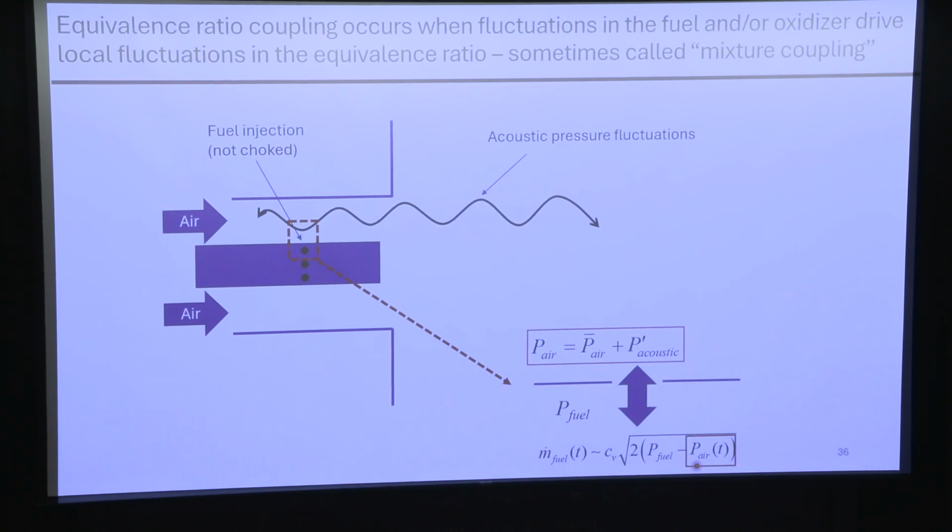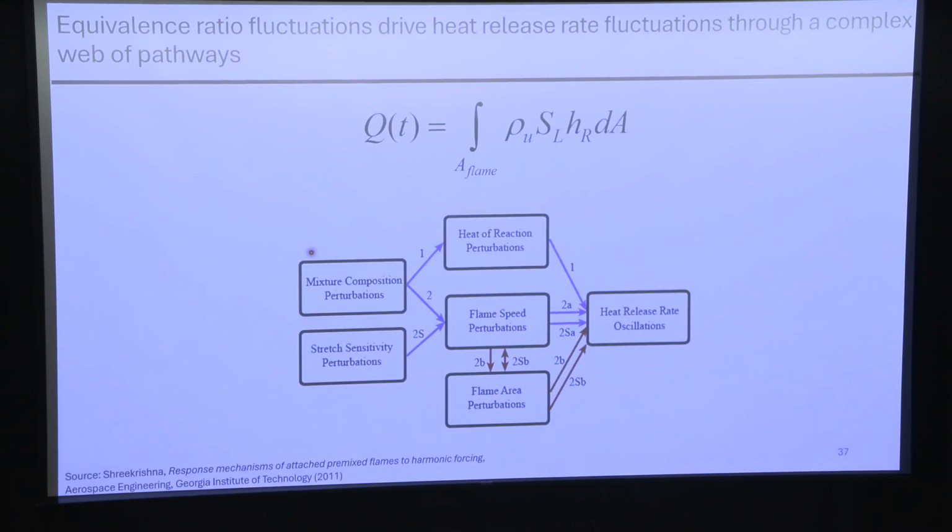And that's problematic. So if I have an acoustic fluctuation and a non-choked or non-perfectly premixed mixture, I can end up with fluctuations in the fuel-air ratio or the equivalence ratio that then lead to heat release rate oscillations.